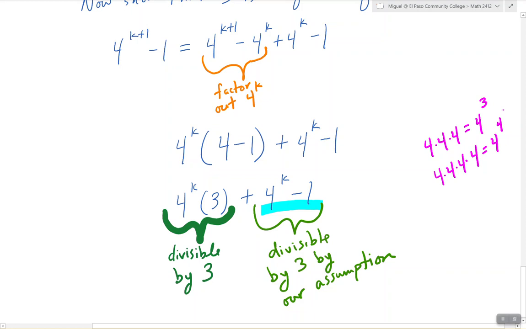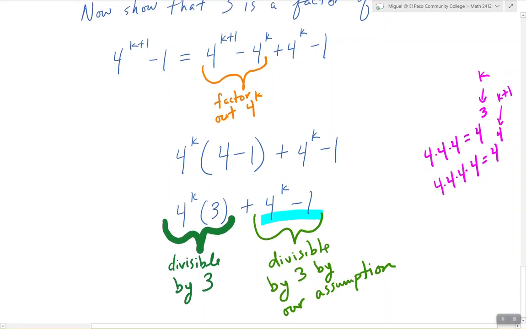So if you think of k as 3, then this would be k plus 1, for example. And if I go from here to here, basically I have 1 less 4, right? So yeah, that 4 is here now. Any other questions on this one?